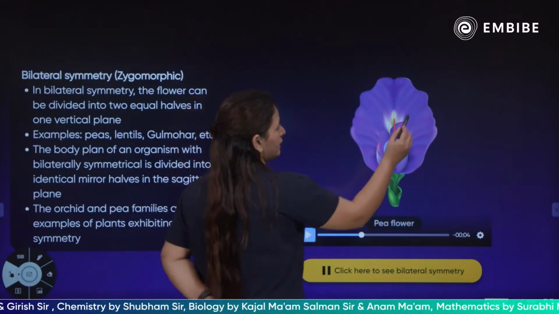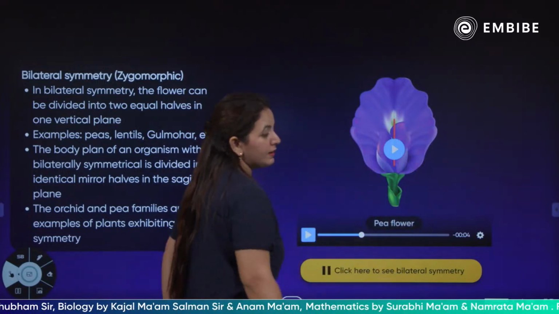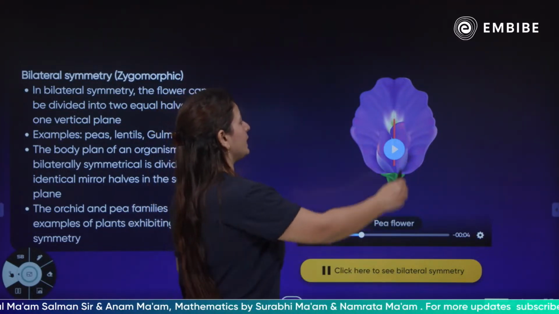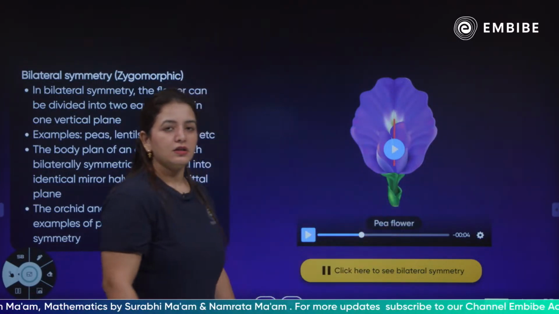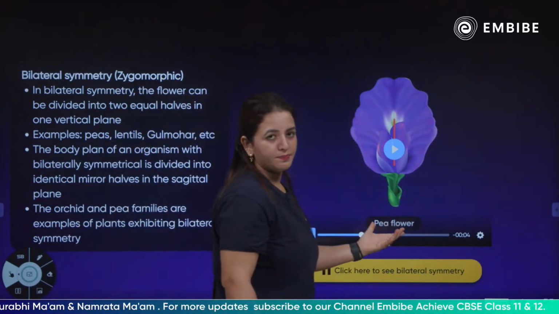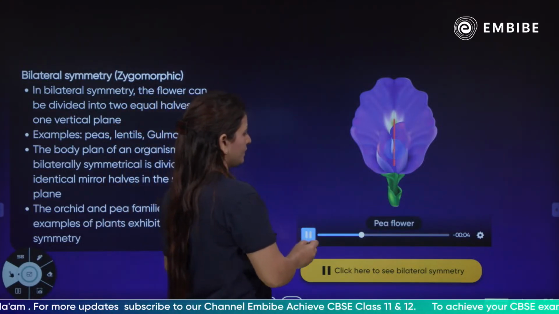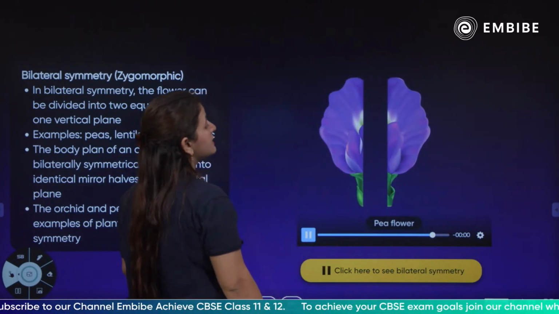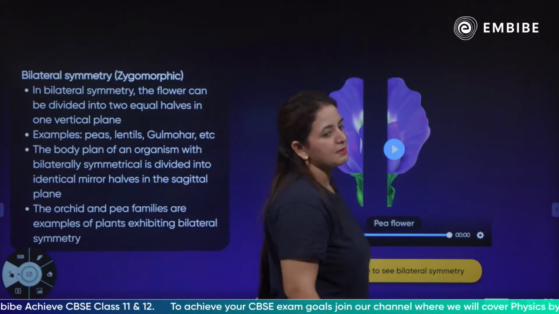If I try to cut it from this plane or that plane, there will not be two identical parts, but only from this plane will it create two identical parts of the pea flower. This is what we call bilateral symmetry, and these are the bilateral flowers or zygomorphic flowers.